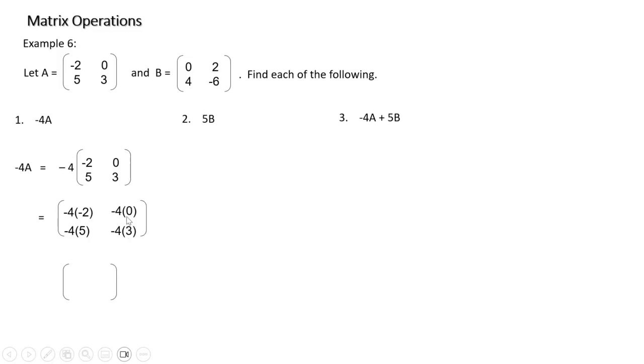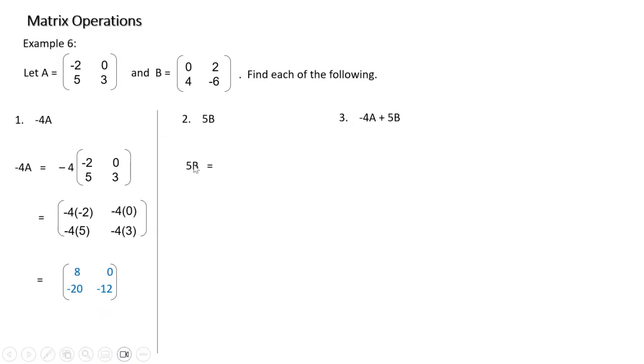Again, we skipped this middle step, but this is just to show you what's taking place. -4 times -2 will give us 8. -4 times 0 will give us 0. -4 times 5 will give us -20. -4 times 3 will give us -12. Now, I put these answers in blue because it serves a purpose. When we do number 2, I'm going to do the answers in red.